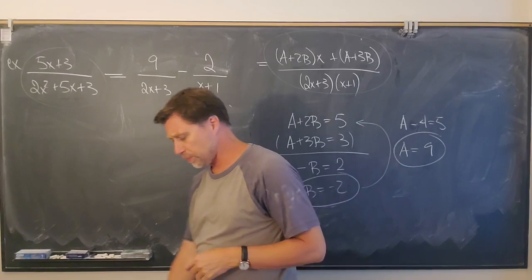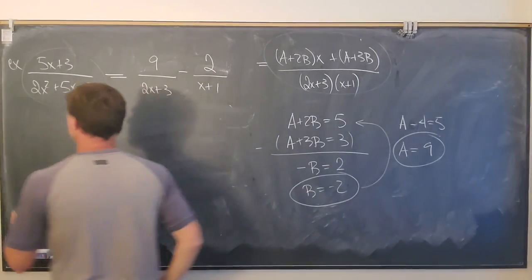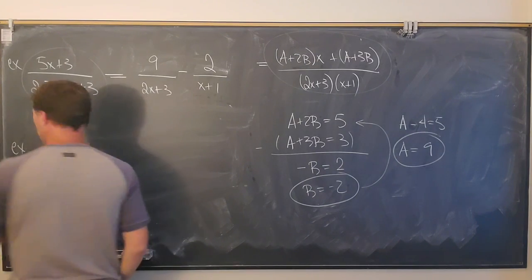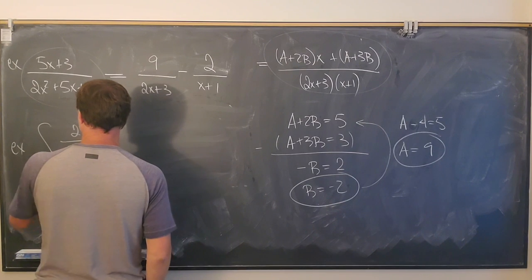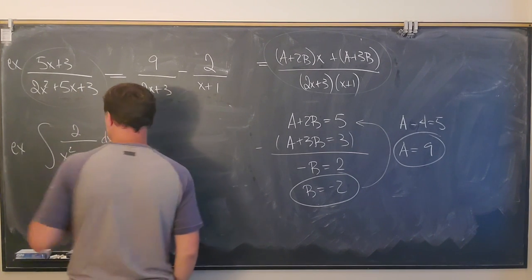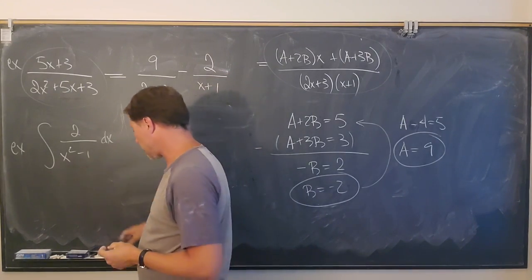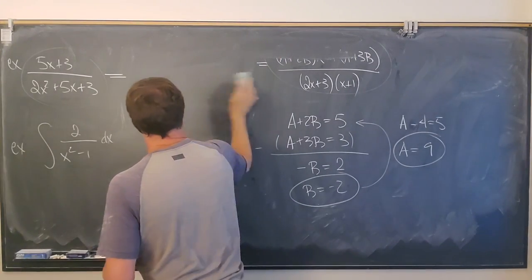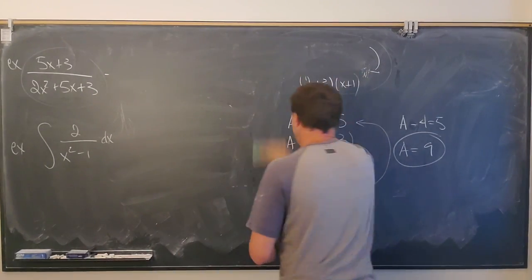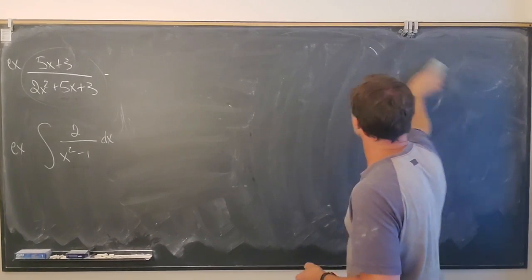So let's try another example. And this time let's do an actual integral. So let's compute the integral of 2 over x squared minus 1 dx. What we do to do this problem is we first say, let's just forget that we're actually doing calculus for a minute. Let's just do algebra. I need to figure out how to express 2 over x squared minus 1 in terms of partial fractions.